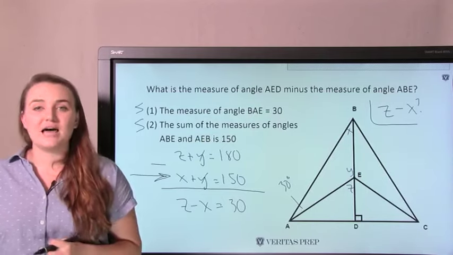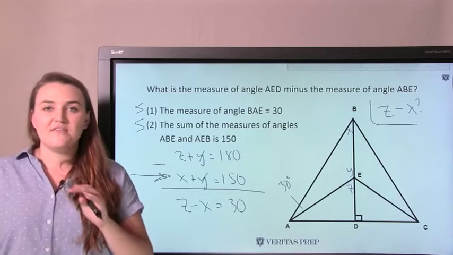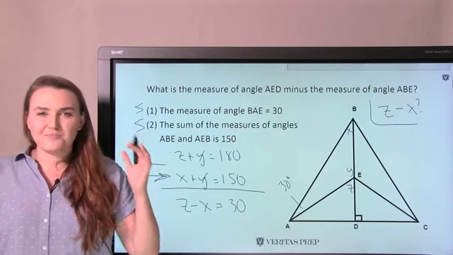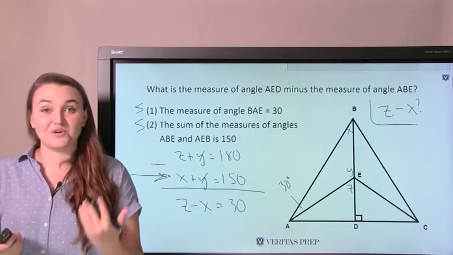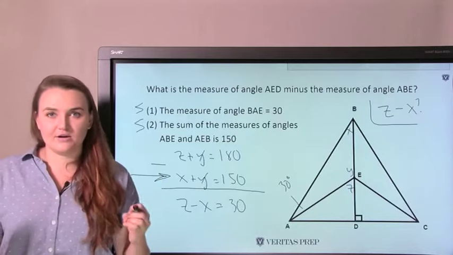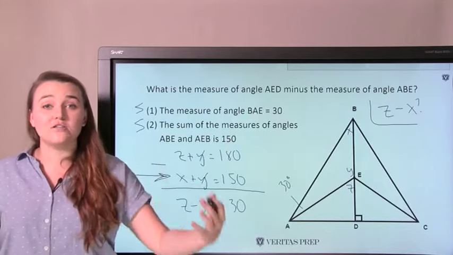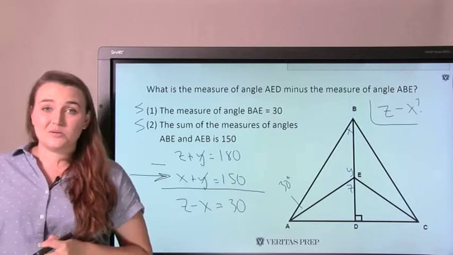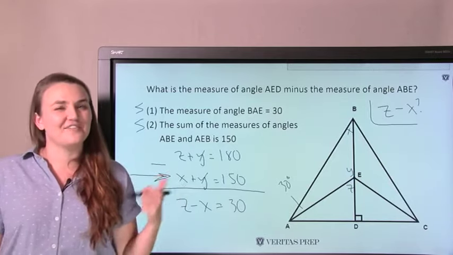There's a ton of overlap between the two, and this is a huge thing I work with my students on all the time: we want to make sure we don't put on the blinders to outside content areas when we're looking at something. I don't want to look at a geometry question and say, all right, I'm looking at geometry and angles, and ignore the potential that using systems of equations in algebra may potentially be helpful.